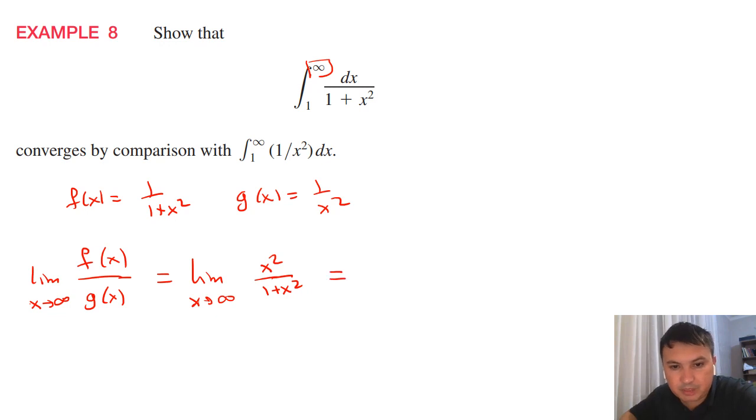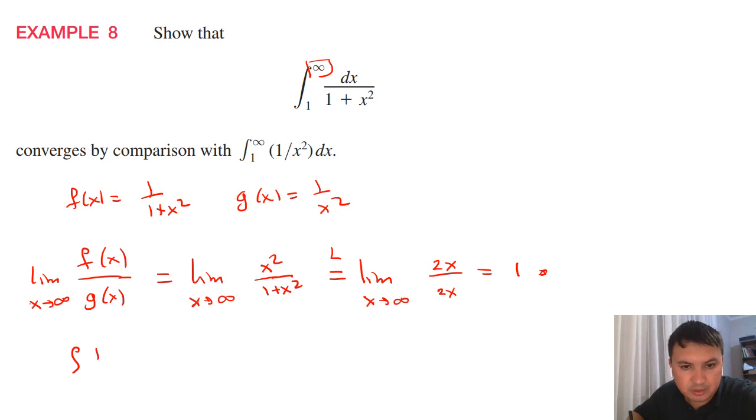Well, for example, I could apply L'Hopital. You don't have to, but you can. It becomes 2x over 2x, so the x's cancel and you get 1. So this is my L. Anyway, the limit exists, right? It's finite. So it means if one converges, the other converges.